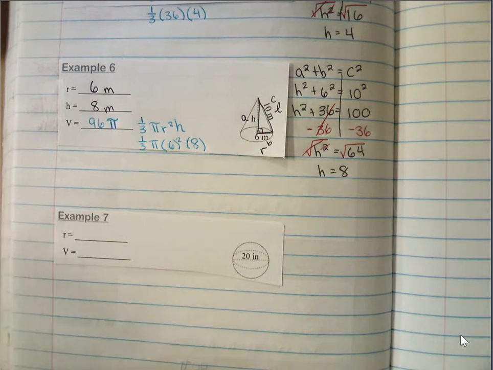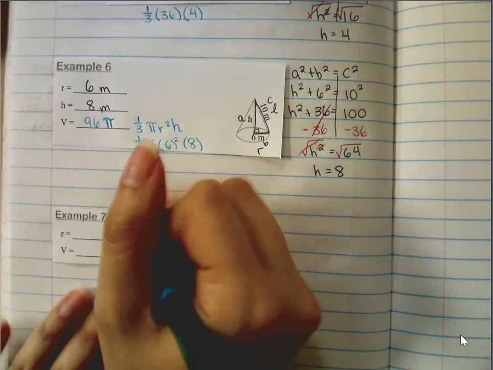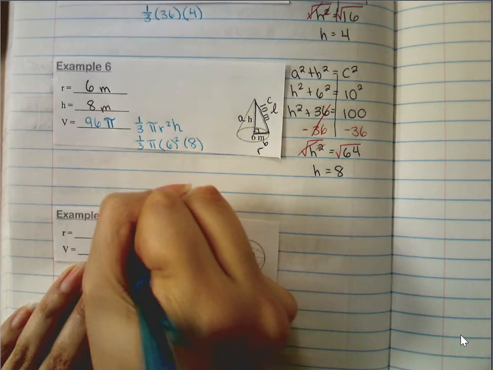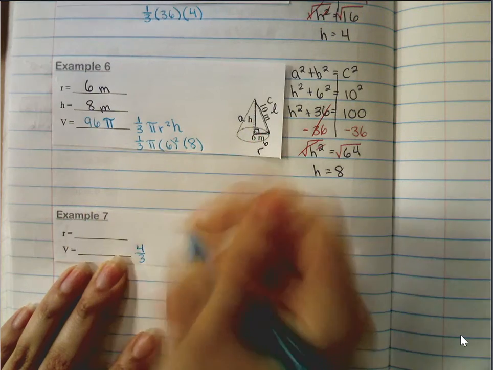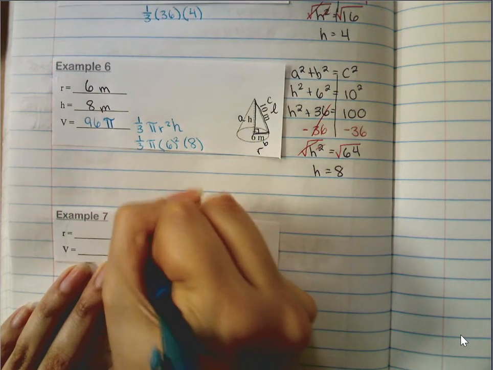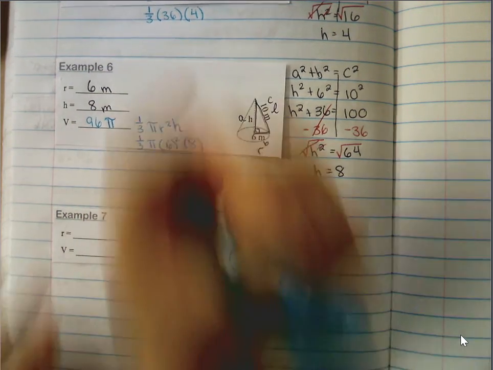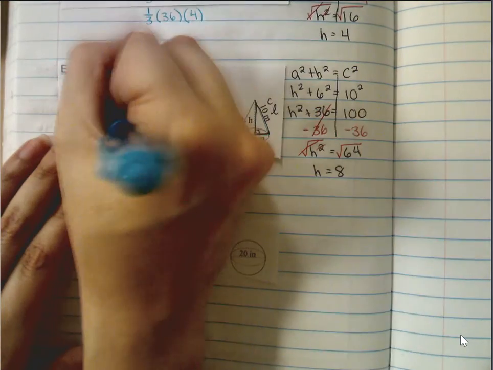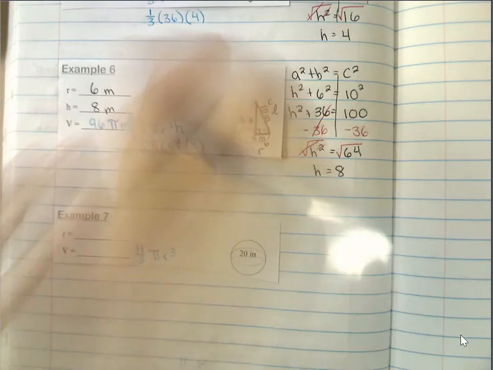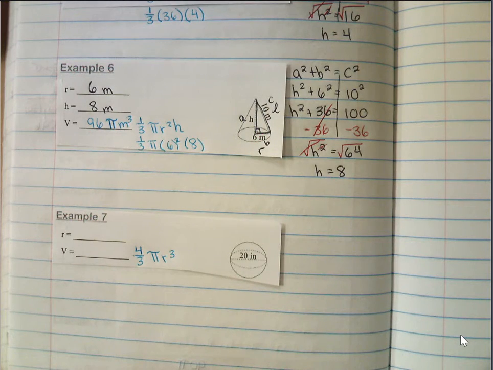And then last one. Example 7, we have a sphere, and the formula for the volume of a sphere, I'm going to write it down. I'm just getting it from the formula sheet. It's 4/3 pi r cubed. Oh, I forgot my units. Now the radius for my sphere.